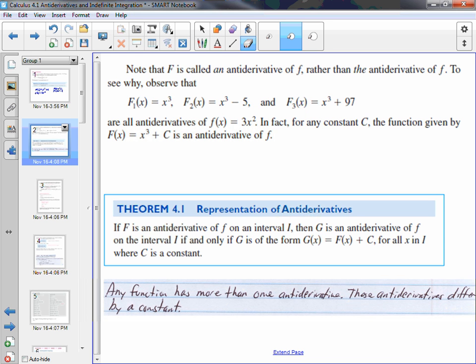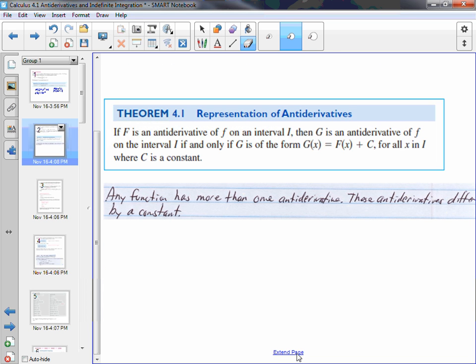All right. So our theorem here. If capital F is an antiderivative of little f on an interval, then capital G is also an antiderivative of little f on that same interval if and only if capital G is of the form capital G of x equals capital F of x plus C for all x in that interval and where C is a constant.